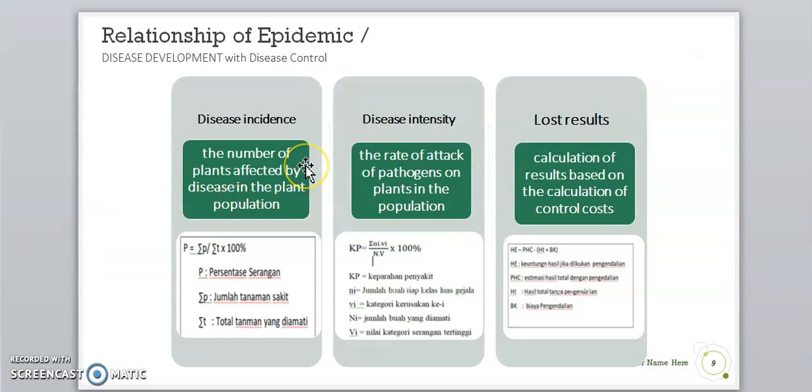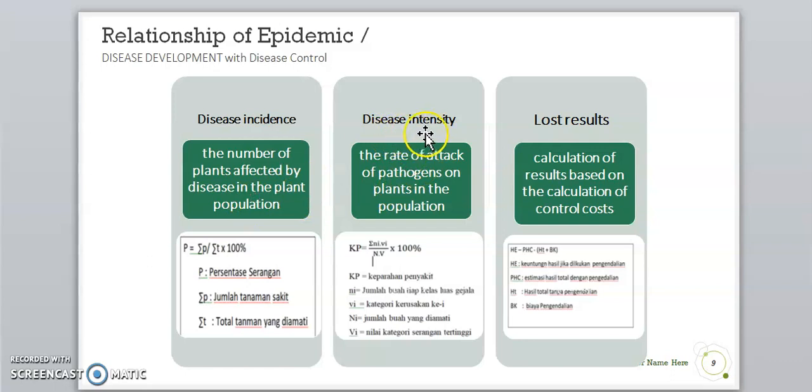This is the relationship of epidemic and the management. You can count the disease incidence, disease intensity, or loss of yield. Disease incidence is the number of plants affected by disease in the plant population, usually by symptom. Sorry, I forgot it.